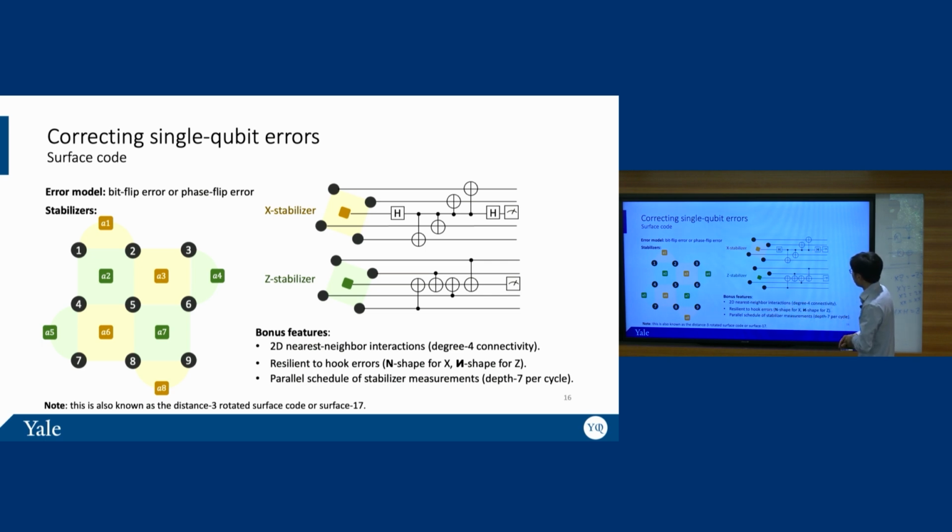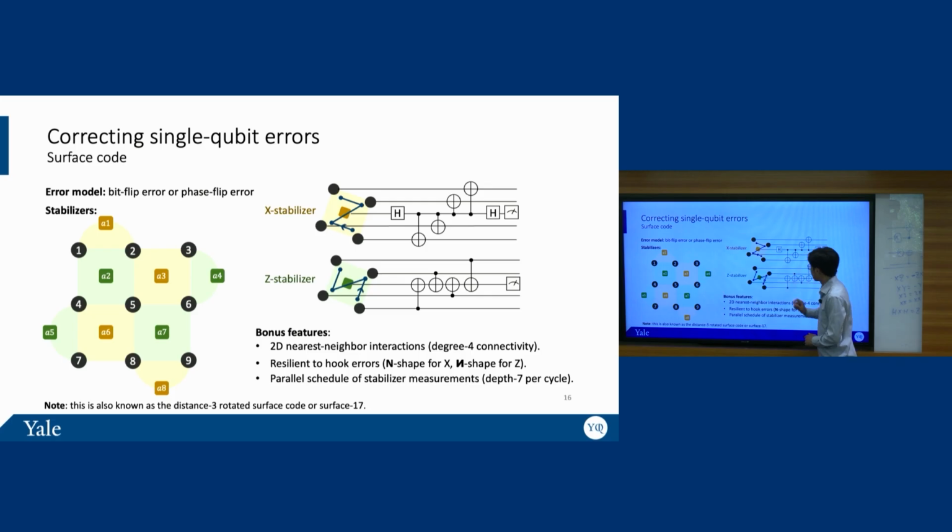And you'll notice that I did a specific ordering of the gates in order to make it work. In particular, for this X stabilizer, I'm following the same zigzag pattern that I introduced for detecting the ancilla error in the previous example. So that's the same zigzag shape.